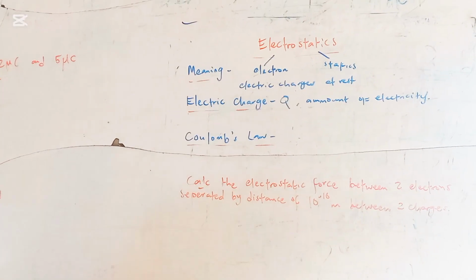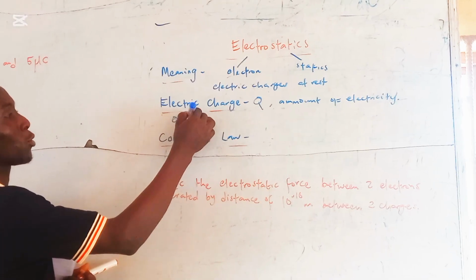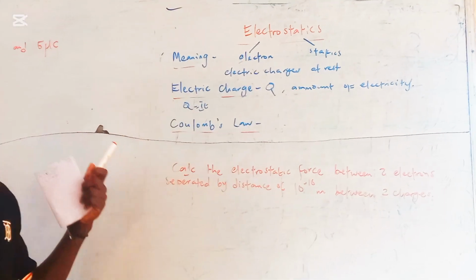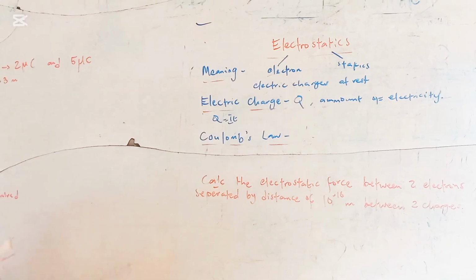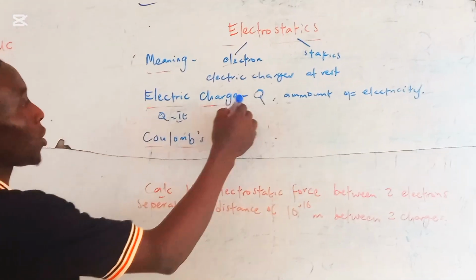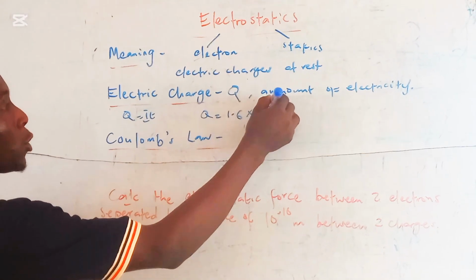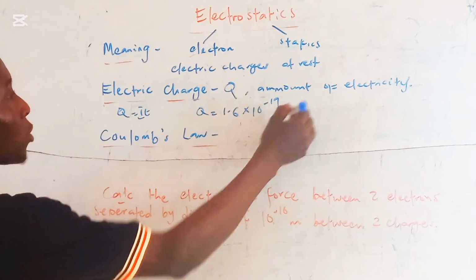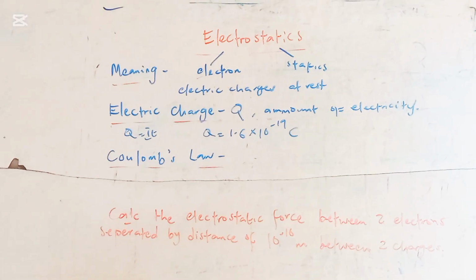So yes, in our electrolysis, you can remember that Q is equal to IT, when you have current and time. But here we have a constant for electric charge, which is Q equals 1.6 times 10 to the power minus 19 coulombs.